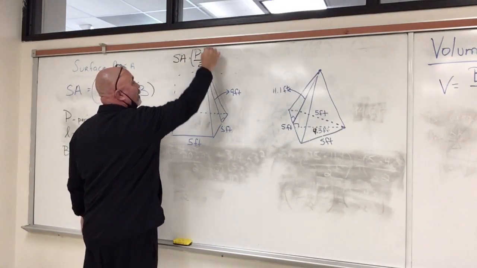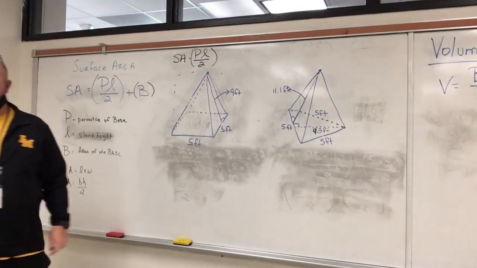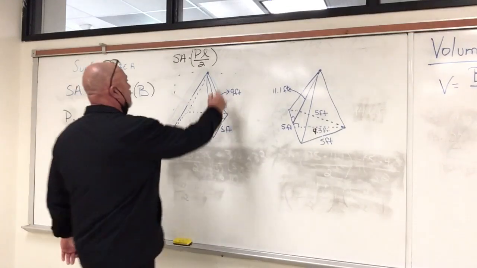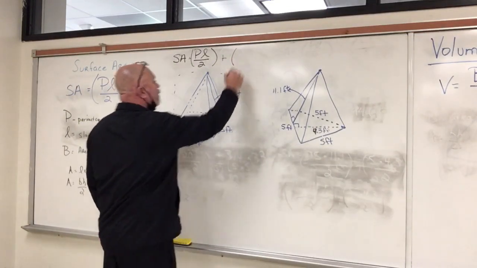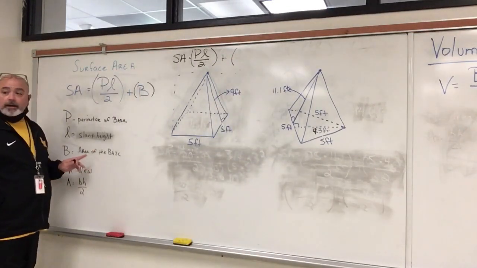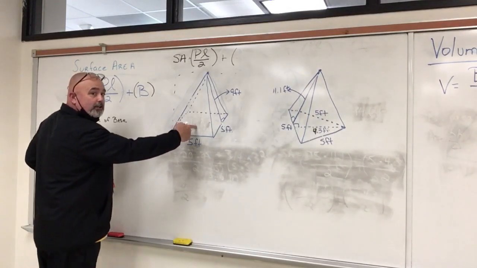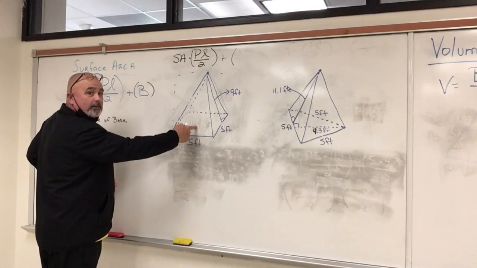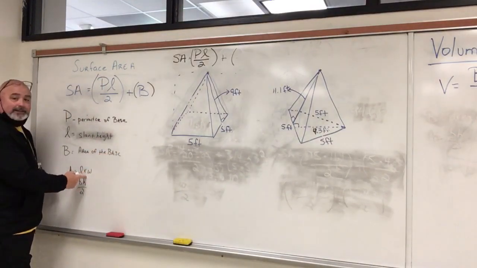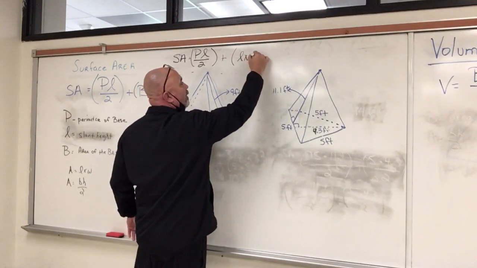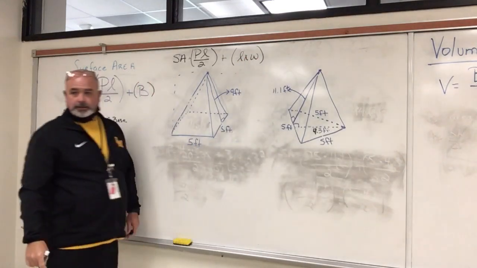I don't have to rewrite that. And I put that in parentheses because that's what you need to do in your calculator. And I'm going to add that to the base, the area of the base. Well, in this case, the base is a square. To find the area of a square, you multiply the length times the width. So I'm going to put l times w here. Okay?